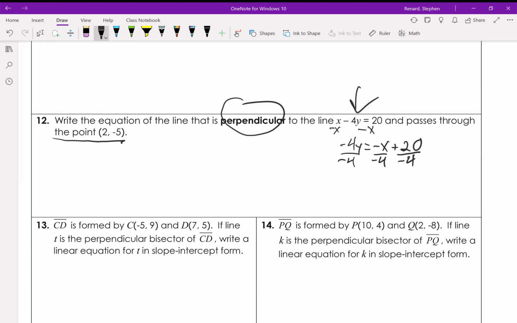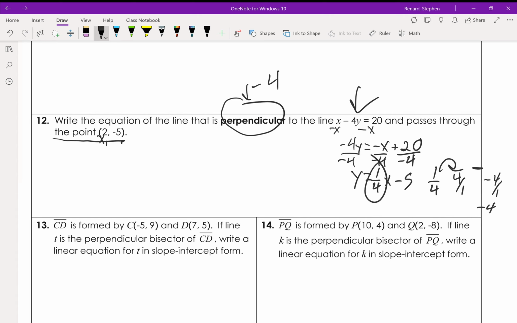Perpendicular means that the slopes are opposite reciprocals. So we first need to find the slope of this line, 1/4, to find the slope of the perpendicular line. We take 1/4, flip it over, 4 over 1, change the sign, negative 4 over 1, or just negative 4.